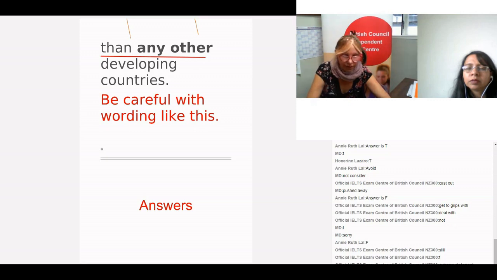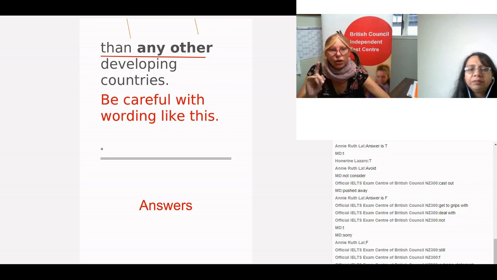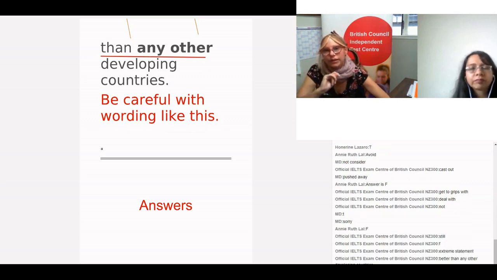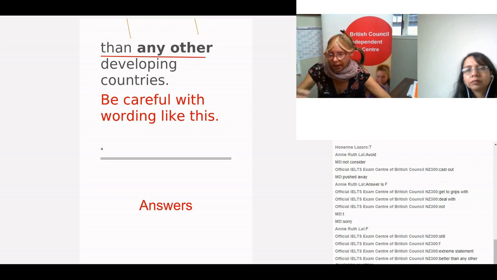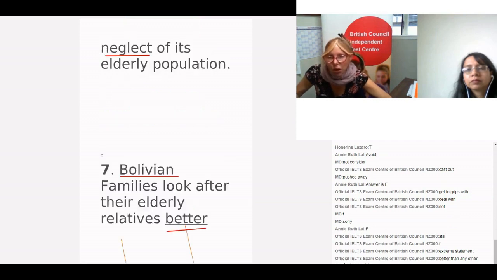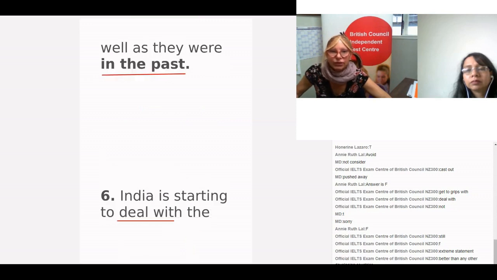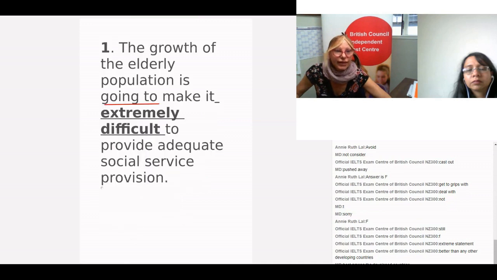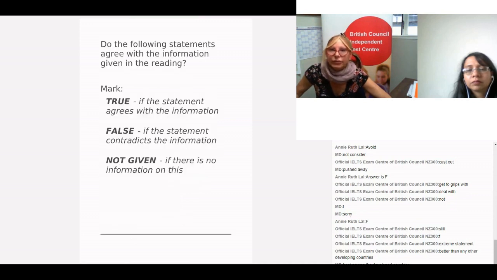The words "better than any other" are important in this statement because we do need evidence to support that Bolivia is doing a better job than any other country in the world. Okay, so we've got to be very careful with the wording. We go back to the text and we'll find, yeah, that's right, the best.